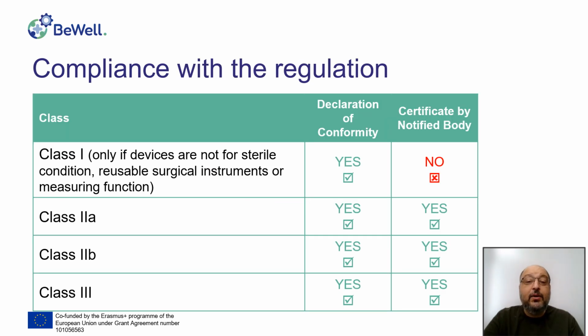Products that meet the requirements of the regulation must be properly marked with a CE mark, have a declaration of conformity issued by the manufacturer and, depending on the class, a certificate of conformity issued by a notified body. A certificate issued by a notified body is required for classes 2A, 2B, and 3.